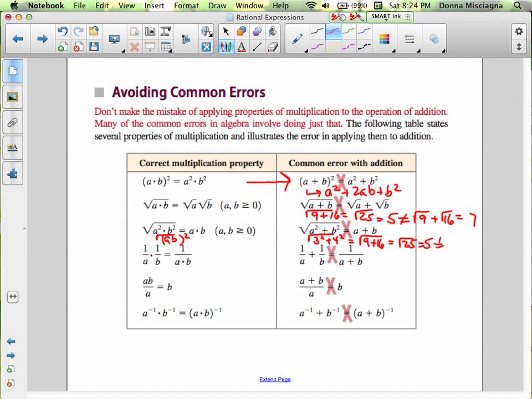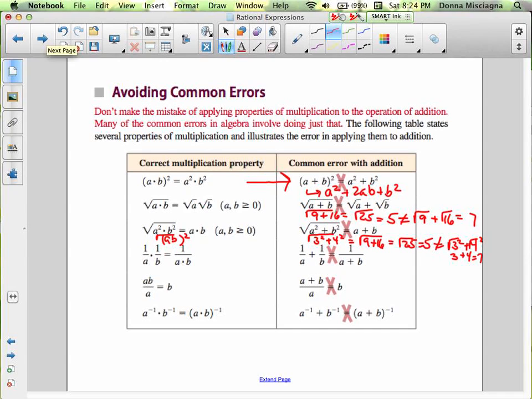And that does not equal the square root of 3 squared plus the square root of 4 squared. The square root of 3 squared would be 3, the square root of 4 squared would be 4, which equals 7. And 5 does not equal 7. You can use different numbers; I just happen to use those numbers.